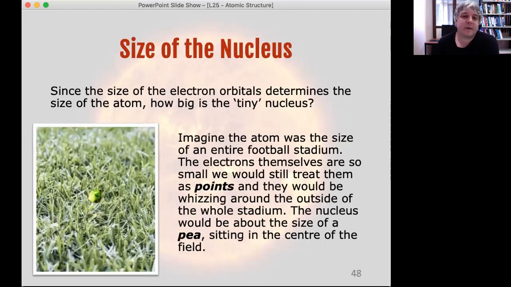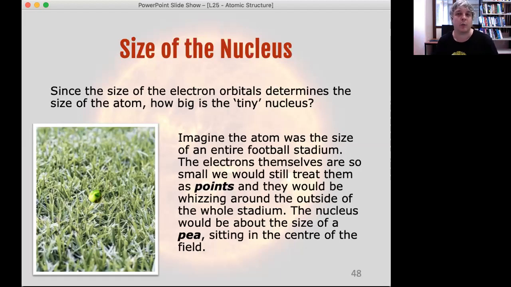So if that's how big the atom is, how big is the nucleus? I said it's small. It's very, very small. Imagine that the atom is the size of an entire football stadium. Doesn't really matter which one, just any football stadium. Just think of the last one you were in, or if you've ever driven past one, how big they are. Imagine the electrons are orbiting the outermost ring of the whole stadium, right behind the very outermost seats, or even right on the very edge of the wall of the stadium.